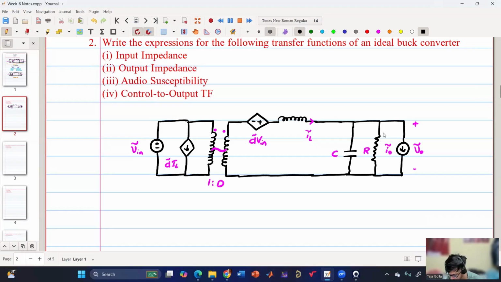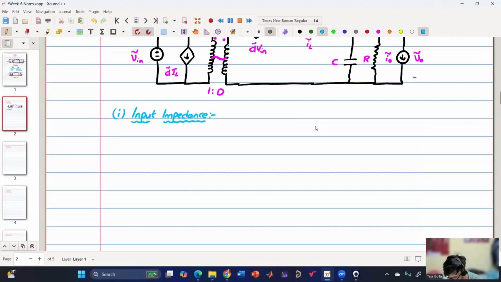But there are also a few conditions that we need to follow. So let me write. We'll go step by step. First one is the input impedance. So let us write the expression.